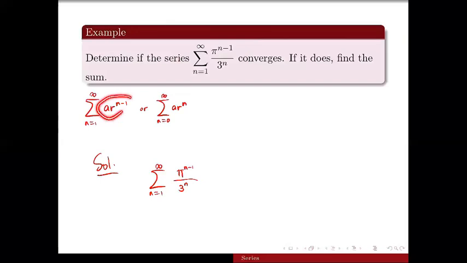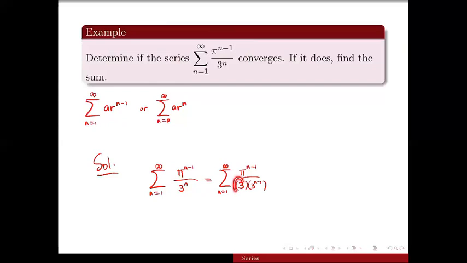So if our n starts from 1, let's rewrite this series here into this form. Note, this guy here, you can write it as pi raised to n minus 1 over 3 times 3 to the n minus 1. 3 times 3 to the n minus 1, that's 3 to the n. Here you have n from 1 up to plus infinity.